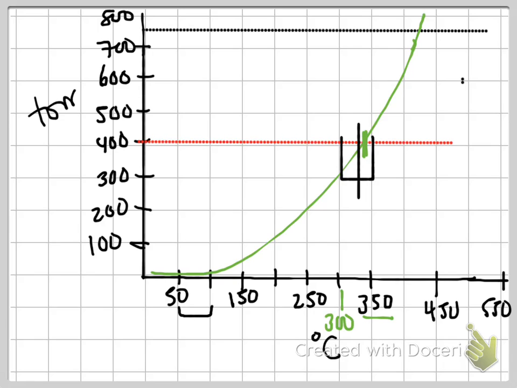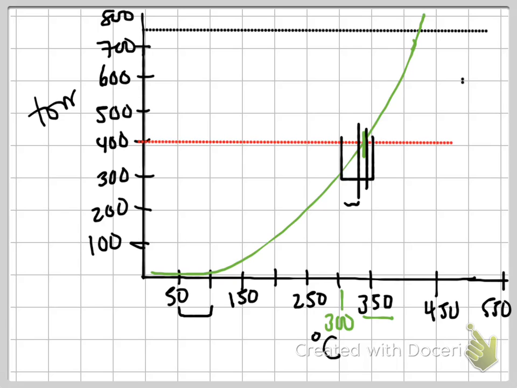So if you can cut that in half, and then cut this space in half, and that's not quite in half, we can say, okay, that's about a quarter of that distance. So this would be 25, half of that would be what? 12.5.